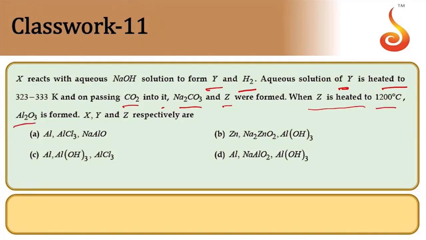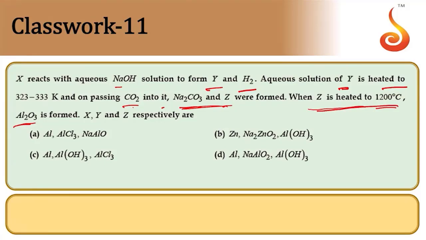Once again, X reacts with NaOH forming Y and H2. An aqueous solution of Y heated to 323 Kelvin while passing carbon dioxide gas into it forms Na2CO3 and Z. Again, Z heated to 1200 Celsius forms Al2O3. Now here, Z on heating is giving Al2O3, so it should be aluminum hydroxide.